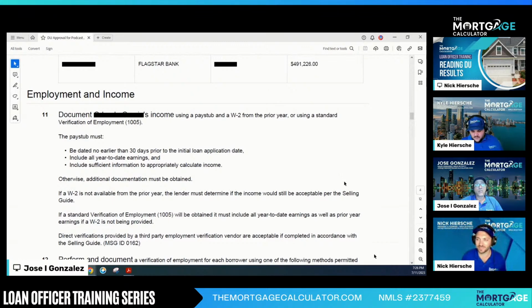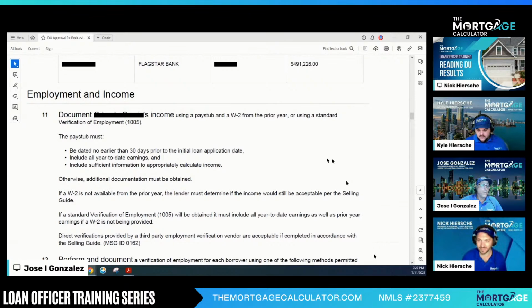So 30 days worth of pay stubs and a W-2 from the prior year, or you can use the standard written verification of employment form in lieu. Notice the pay stub must be dated no earlier than 30 days prior to the initial loan application date, and it needs to include year-to-date earnings, and it has to have all the complete information.